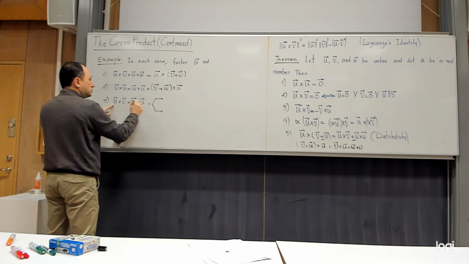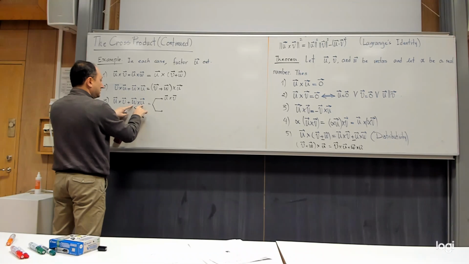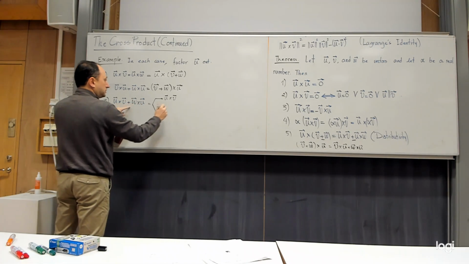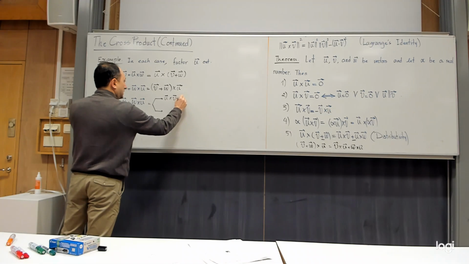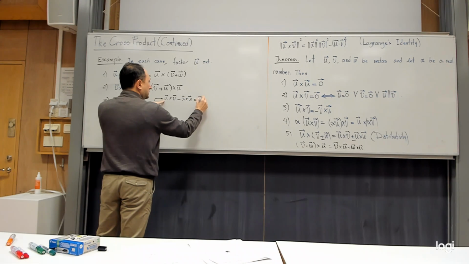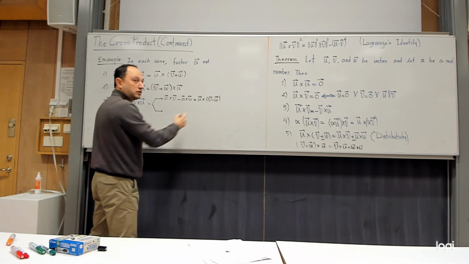I can keep u cross v here, but I have to make this one on the left if I want to pull it out. I have to swap them, but the price that I have to pay is to make it negative. Then u in both of them is sitting on the left, so I can pull it out from the left. So that is correct.